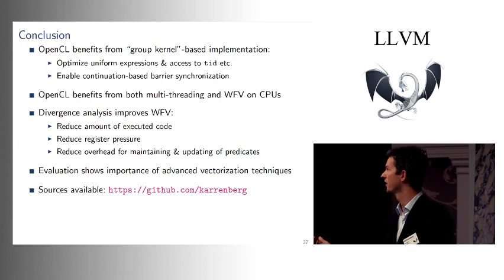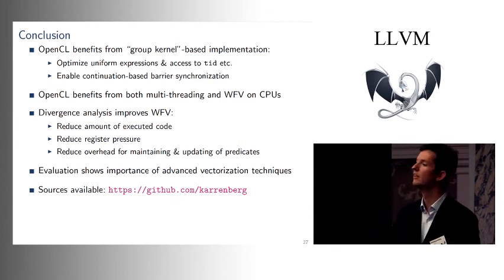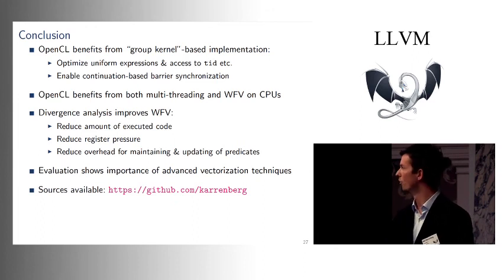So the divergence analysis improves that by reducing the amount of executed code and reducing register pressure and overhead if it can prove uniform control flow for certain branches. The evaluation showed that it's really important to have some kind of more sophisticated vectorization technique than just plain linearization, because otherwise you just lose performance very often.